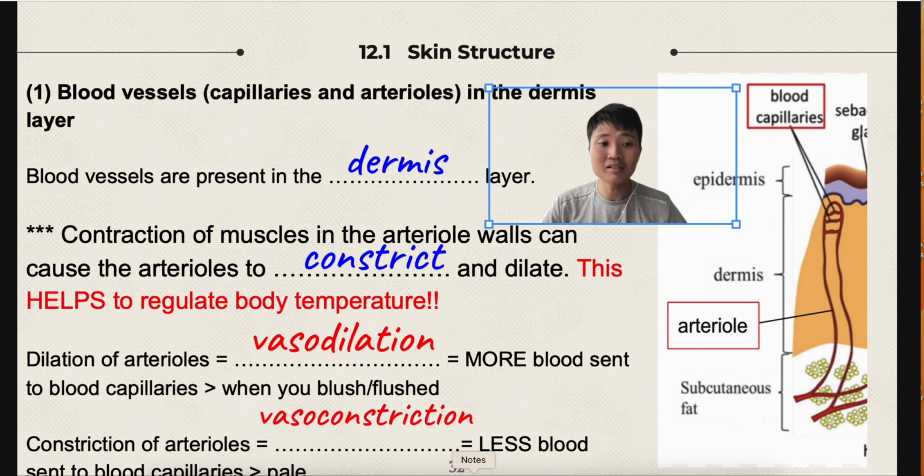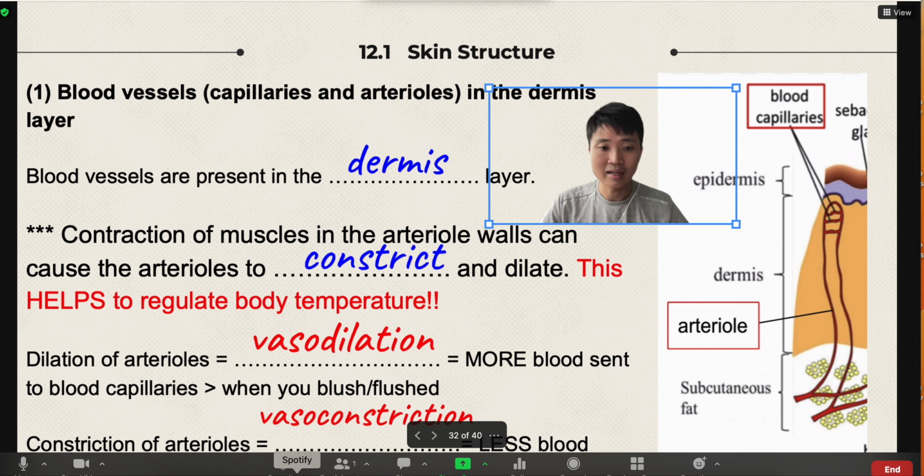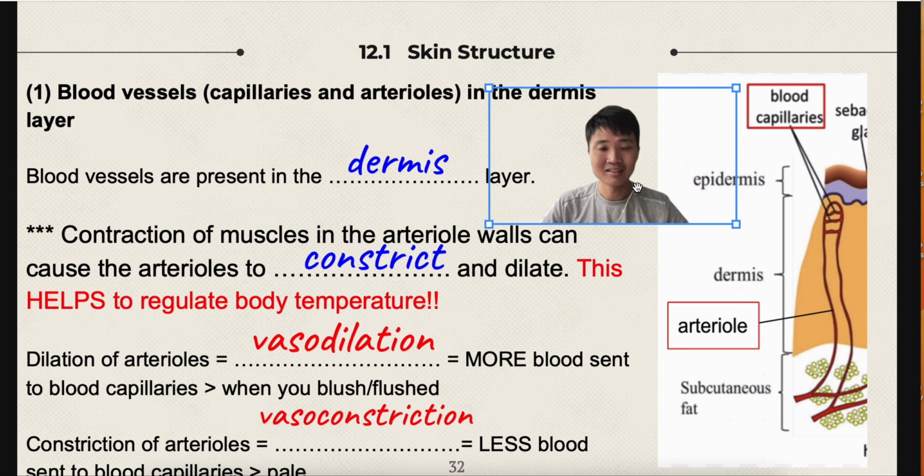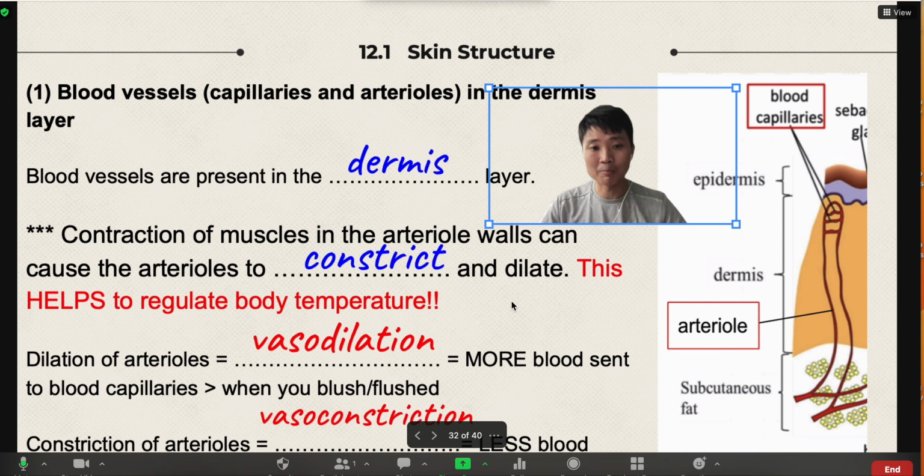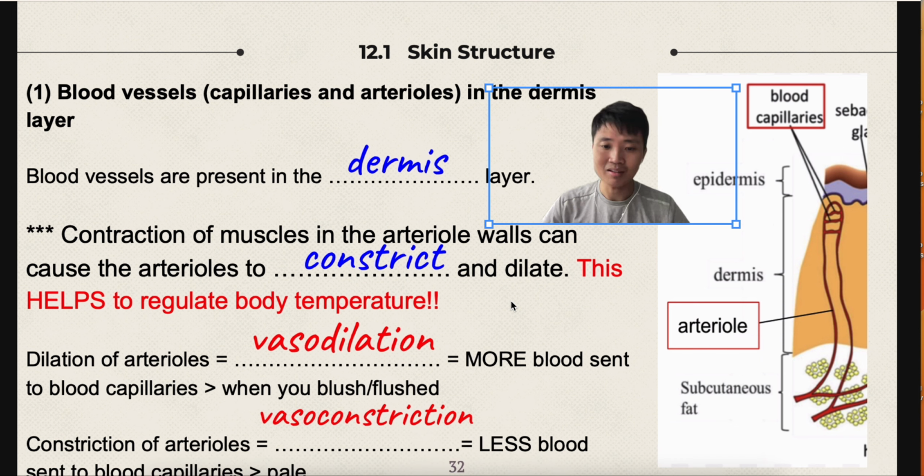Because your arterioles have constricted, and that's called vasoconstriction. Less blood is being sent there, that's why you look more pale. Just understand this first: the muscles in the arterioles can constrict and dilate. This can cause more or less blood to be sent to the skin, and this can affect temperature regulation, which we'll deal with when next week comes.